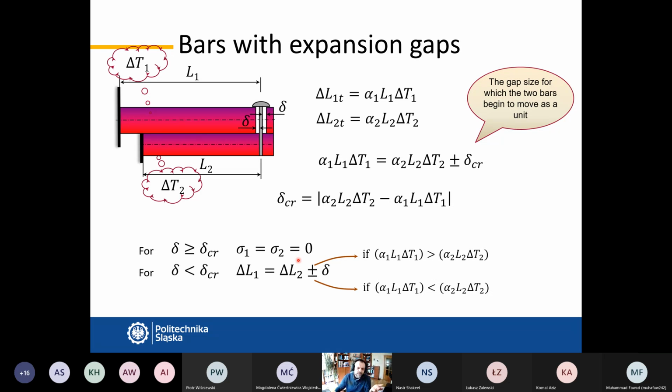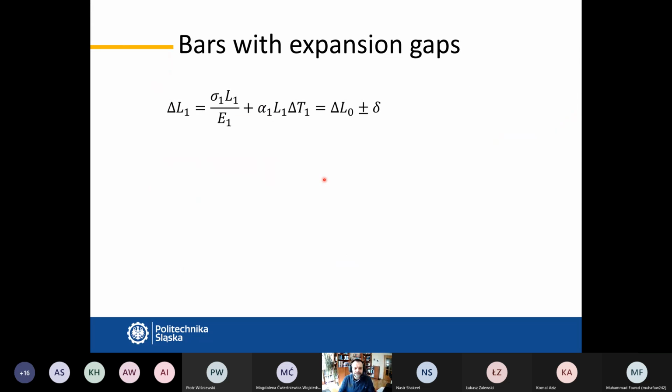If the gap is smaller, they will come in contact, and of course we have a plus or minus sign depending on which direction we go. So whether we increase or decrease, whether we close the gap on the left-hand side or on the right-hand side of the connection.